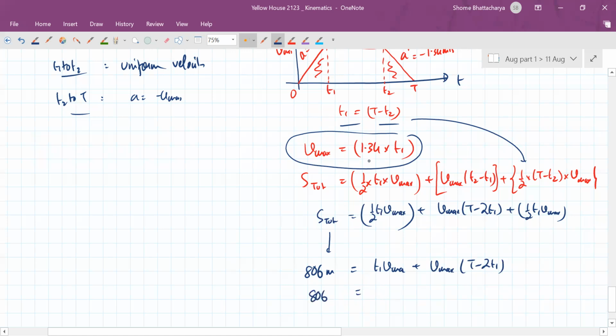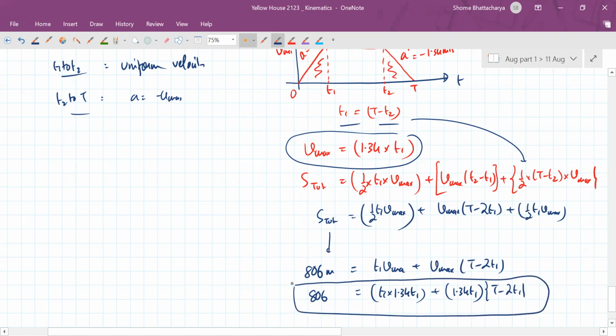So Vmax itself is how much? 1.34 T1. So this is the equation we have so far.